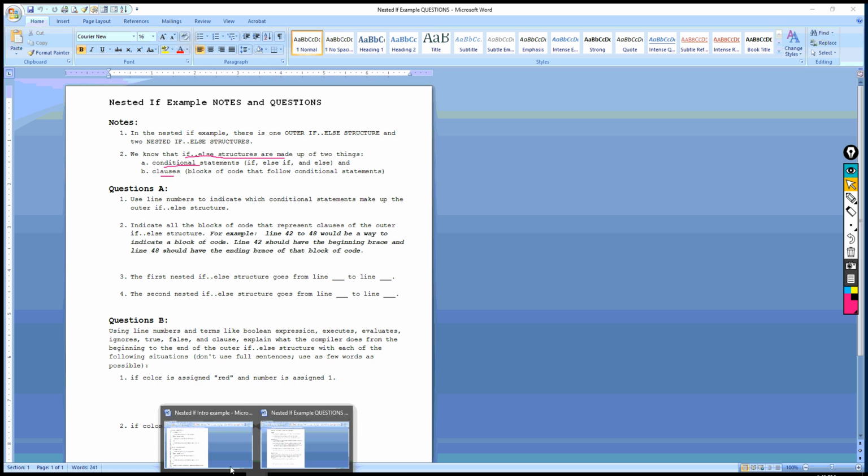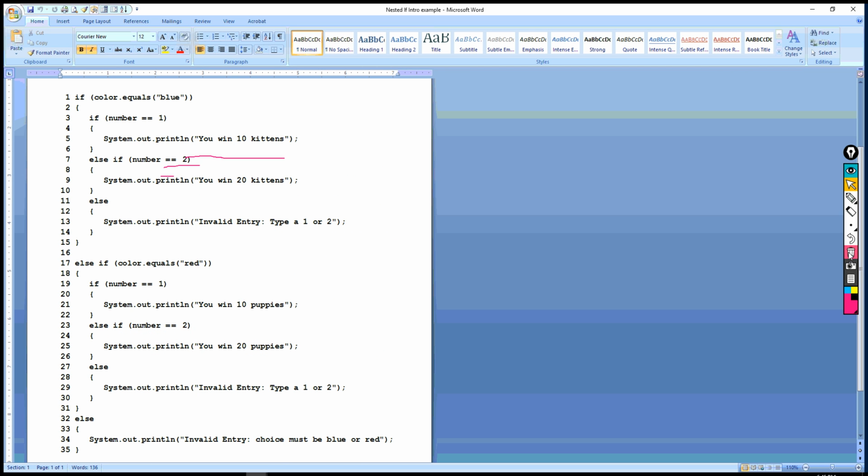And so in this one, what you'd want to do is the very first if statement is going to be that first conditional, and this is the outer nested if-else structure, or the outer if-else structure, because this is what you come to first.